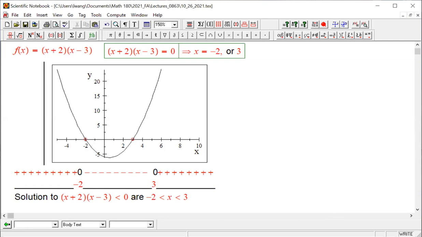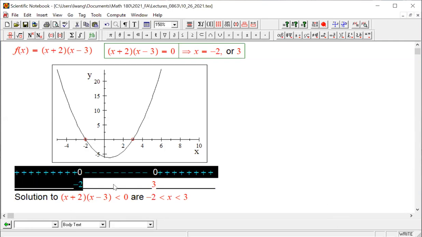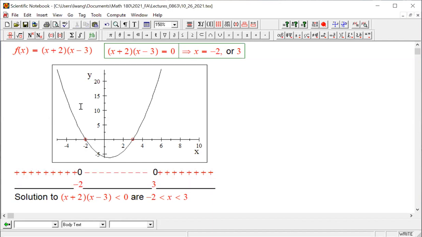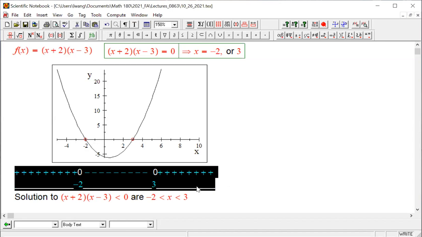The picture we did yesterday is merely a simplified version to demonstrate the sign of the function. In yesterday's case, we didn't graph the function. We just considered it as a product.